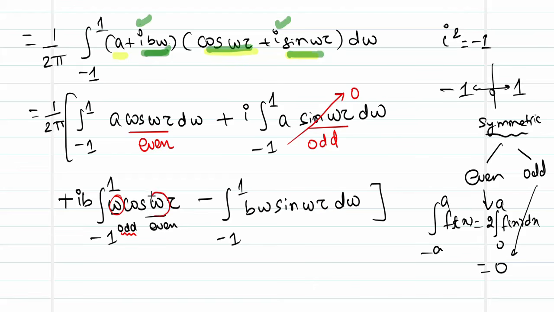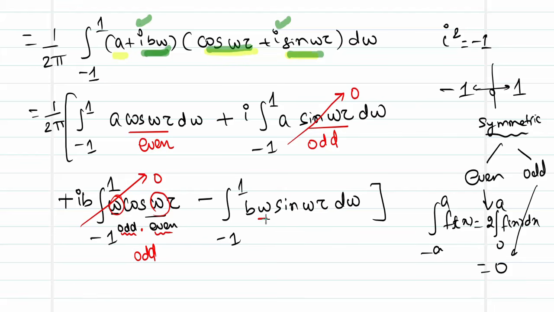And cos ωτ: when I replace ω with minus ω, cos of minus θ is cos θ, so it is an even function. When I multiply odd with even, what will happen? I will have an odd function. What will happen to an odd function? An odd function vanishes. So this part will become 0 for me. See, the second term also became 0.